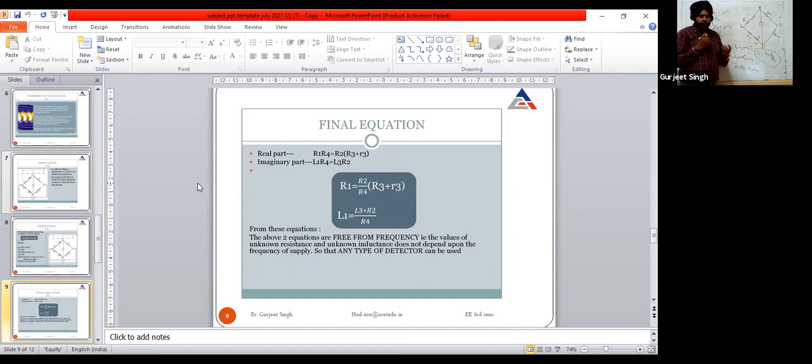The resistance of this coil is represented by this small resistance R3, or in your PPT, I have shown this as Z3. It means we have to add this small resistance also.